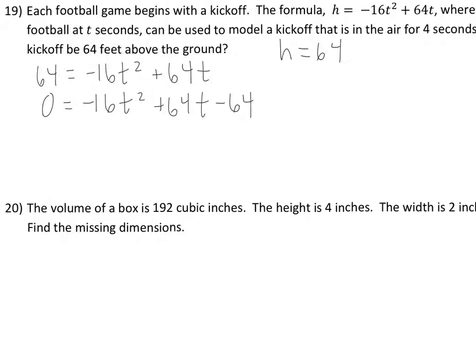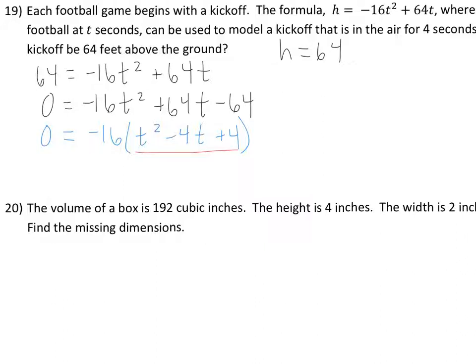Now let's factor, and I'm going to take out a GCF of negative 16. So I get 0 equals my GCF of negative 16 times t squared minus 4t plus 4. And now I'm going to continue to factor t squared minus 4t plus 4.